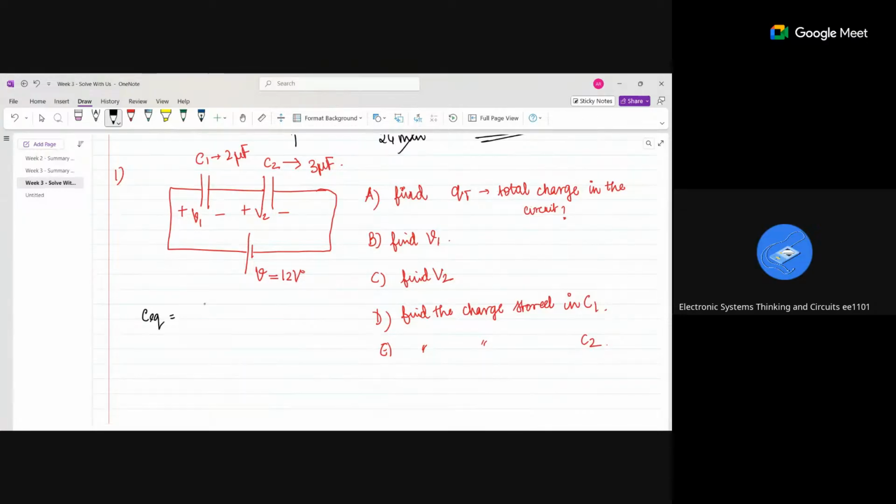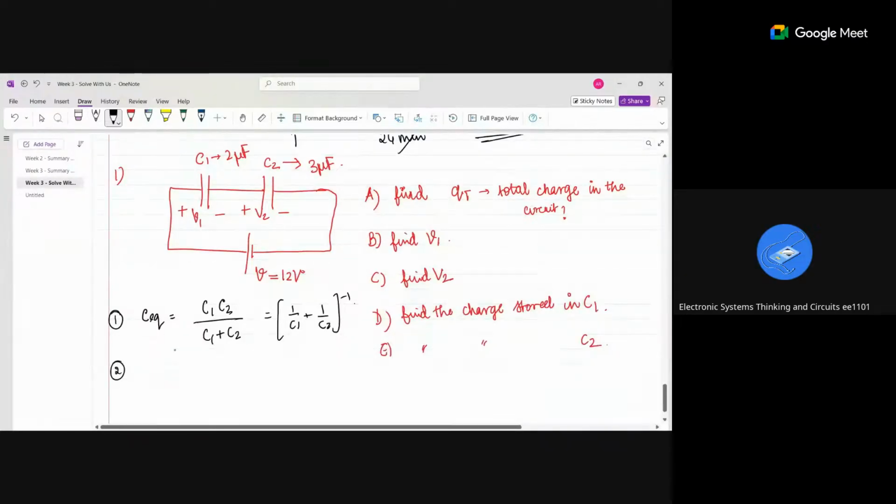C equivalent is equal to C1 C2 by C1 plus C2, which is nothing but 1 by C1 plus 1 by C2, the whole inverse. First you will find C equivalent. Then to find charge, we will use Q equals CV. Here C is C equivalent and V is the total voltage. You can get the Q total.